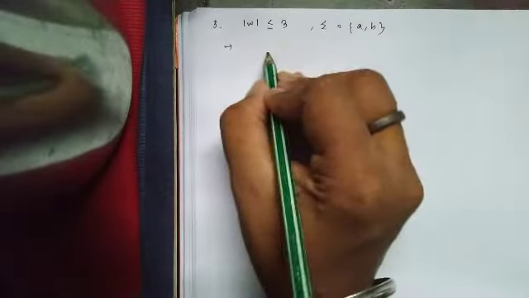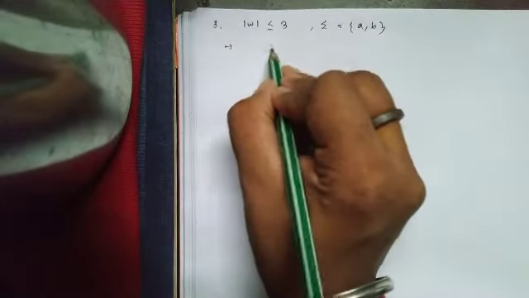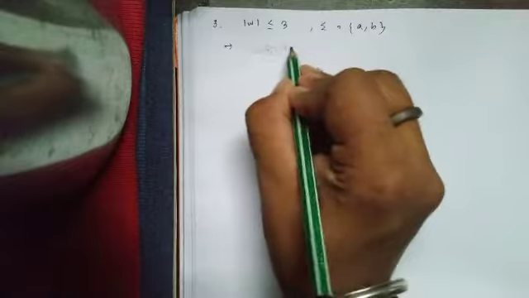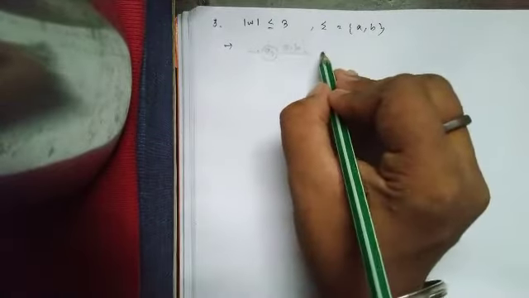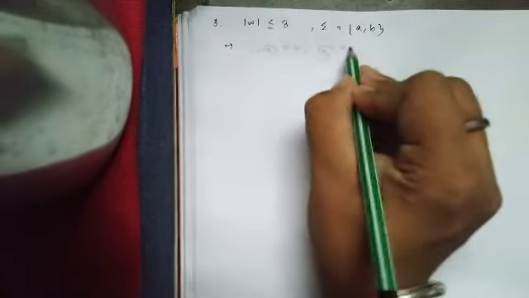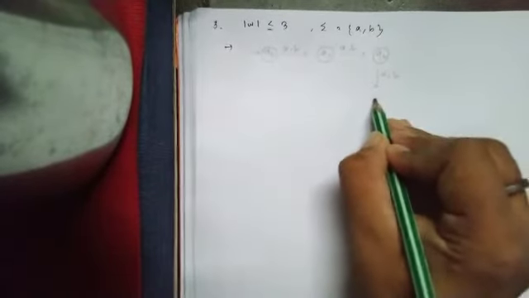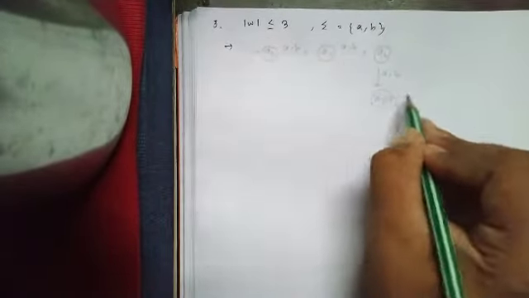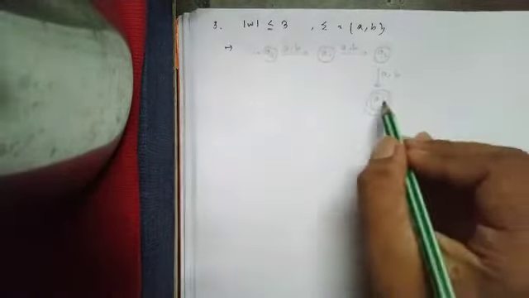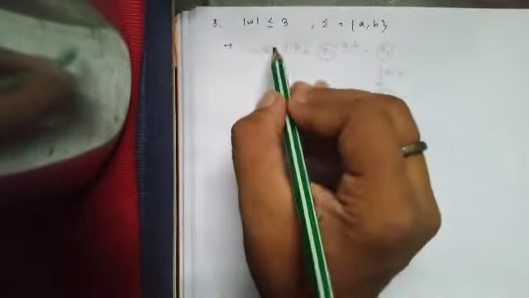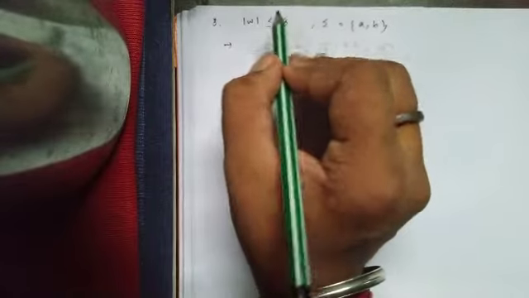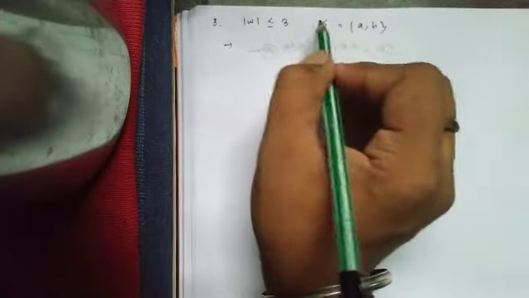So first Q0, A or B, whatever the input symbol, it will make a transition. Again A or B, another transition. Again A or B. Now Q3, and this is my final state. So it will accept the strings of length equal to 3. It will not accept any string of length greater than 3.